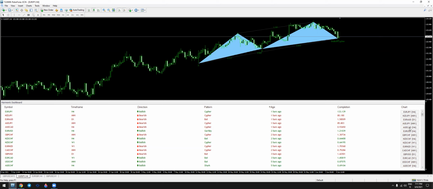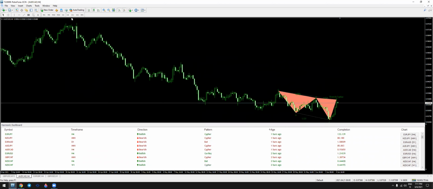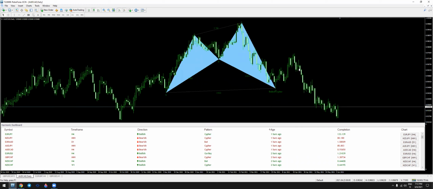Aussie CAD. I think this Aussie CAD one could be a good one. Why? Aussie CAD has clearly started this downtrend, right? It's been trending lower here quite consistently, and now we have the pattern.